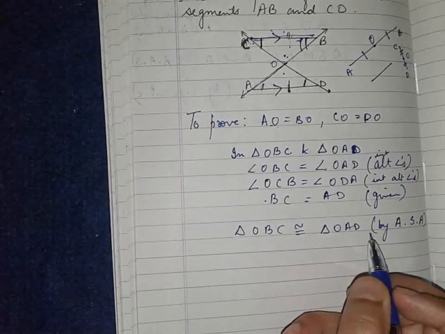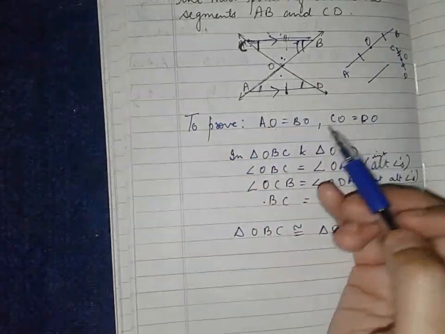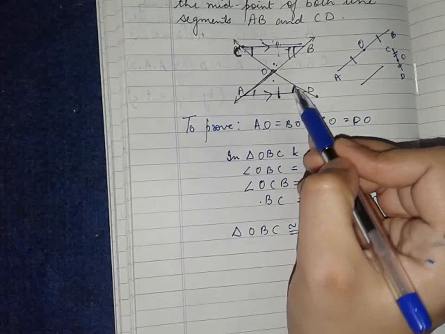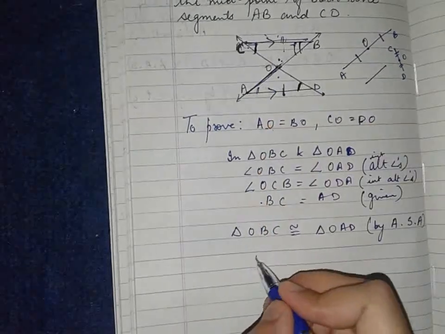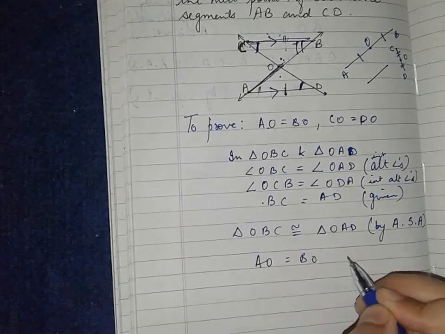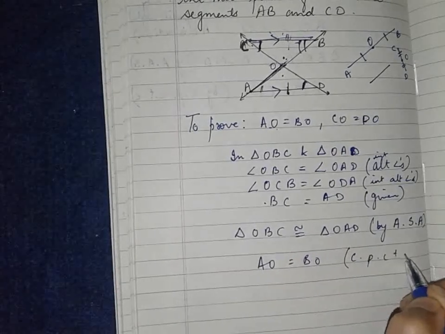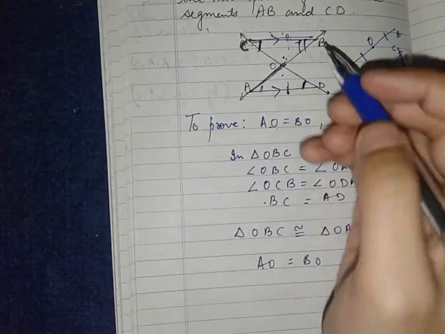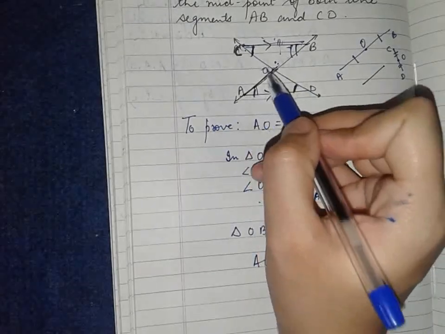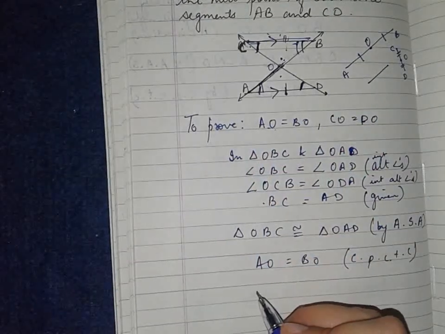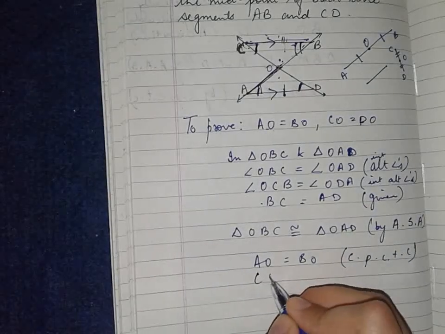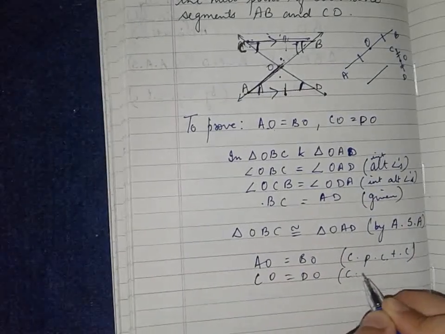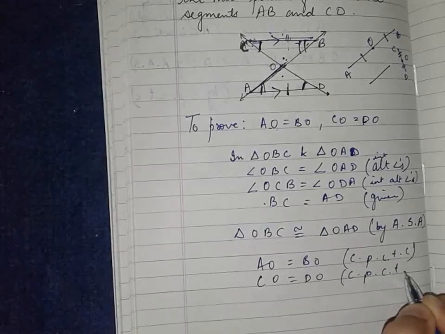And because they are congruent, I can write AO, which was opposite to this angle, is equal to BO, which was opposite to this angle. AO is equal to BO by CPCT, and opposite to this angle is DO, and opposite to this is CO. So CO is equal to DO by CPCT.